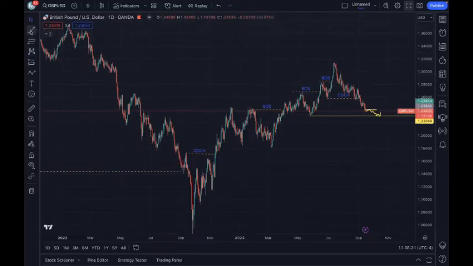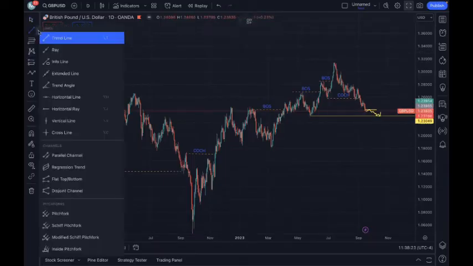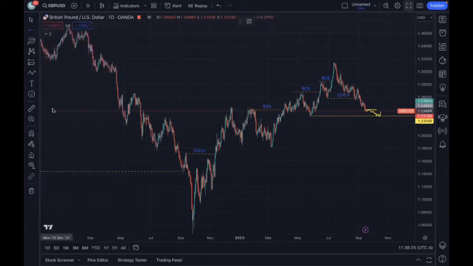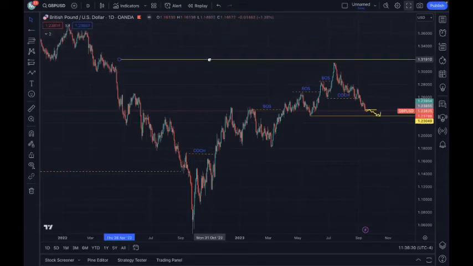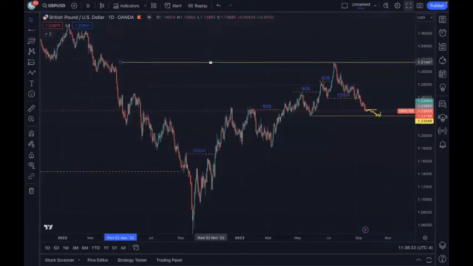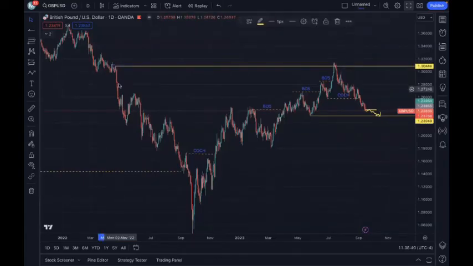And she got down to this place. I'm just going to use a horizontal ray to find the level. Can you see that? Okay, so this was the last relatively equal high she cleared.